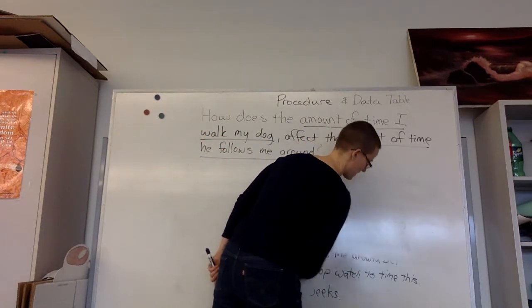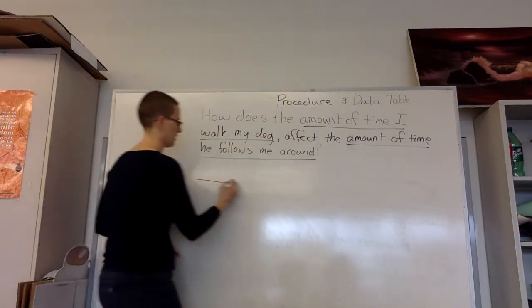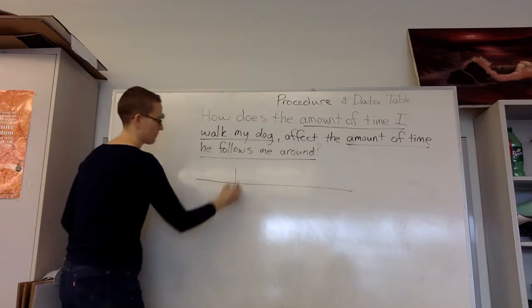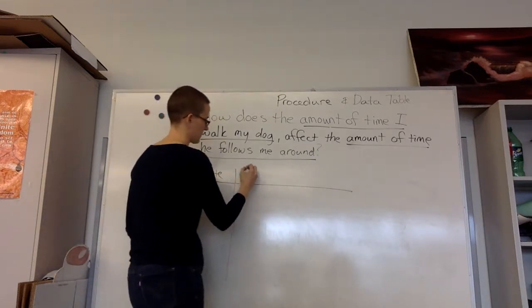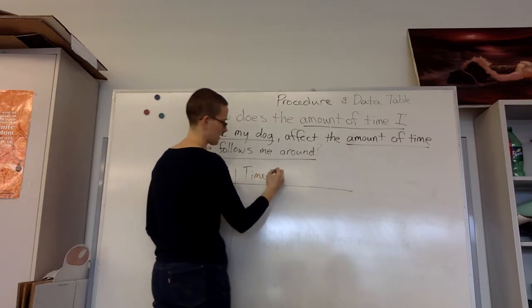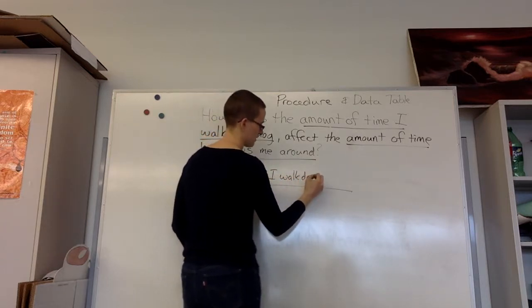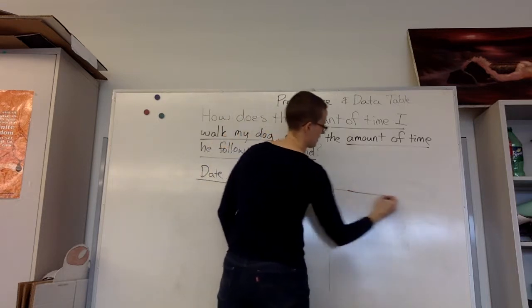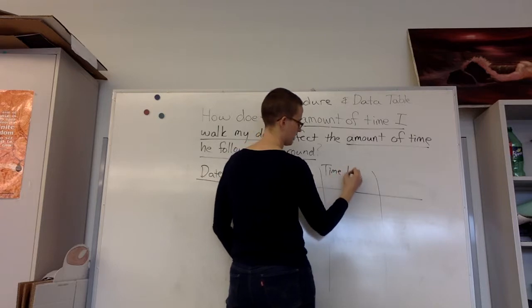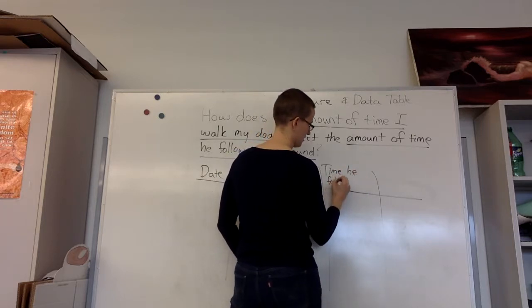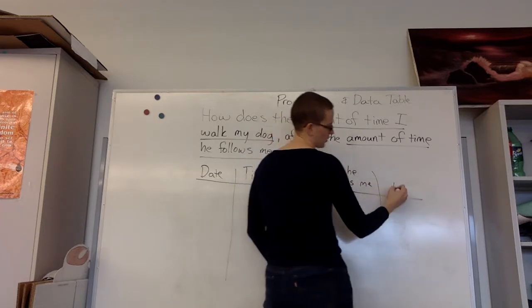So if I were to make a data table for this, I would want to put my date, the time I walk my dog, the time he follows me around, and then also a column for notes.